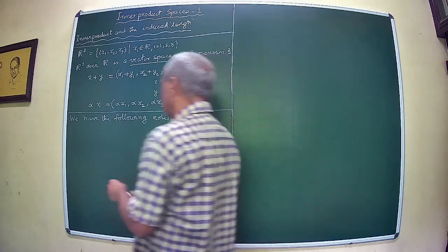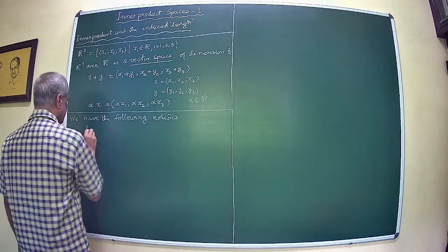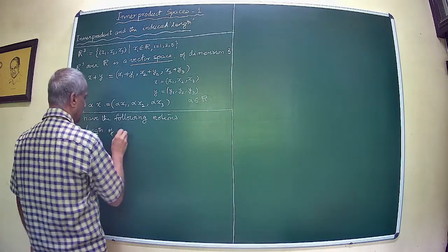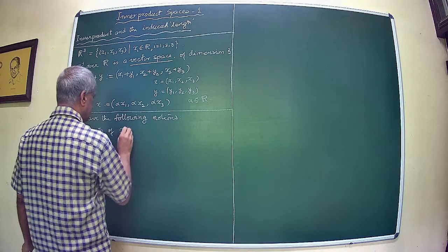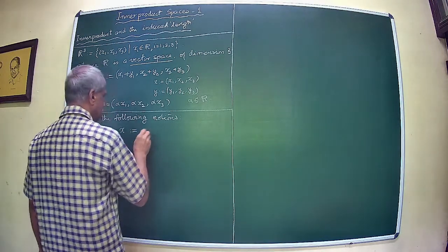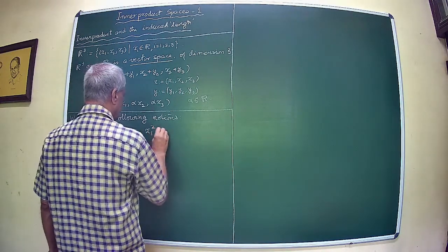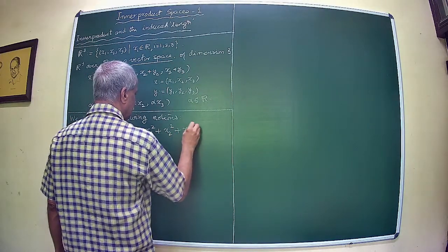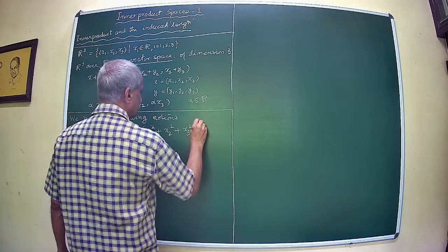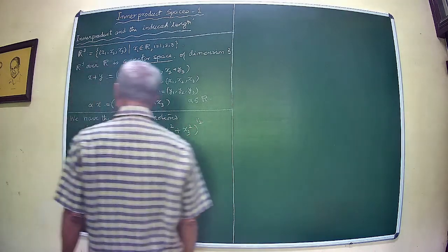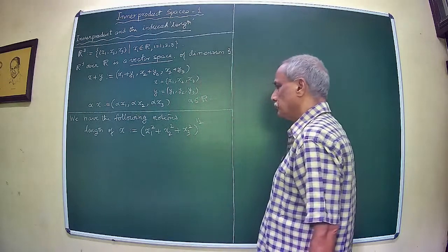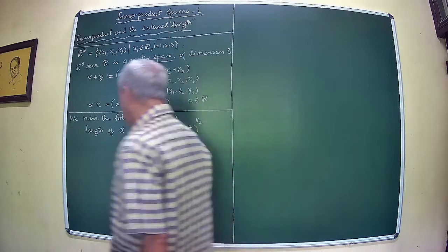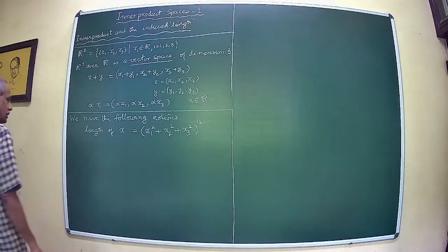That is, we have the length of a vector, which is defined as, what's the definition? And then we have also the concept of what is called a dot product.